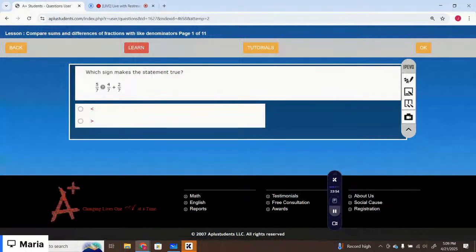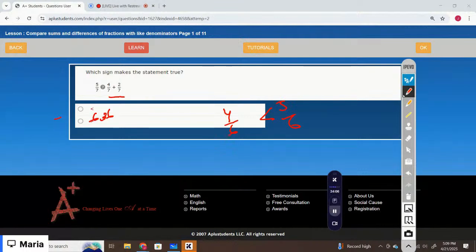Which sign makes the statement true? So 4 by 7 plus 2 by 7. 4 plus 2 is 6. That is 6 by 7. They have the like denominators.